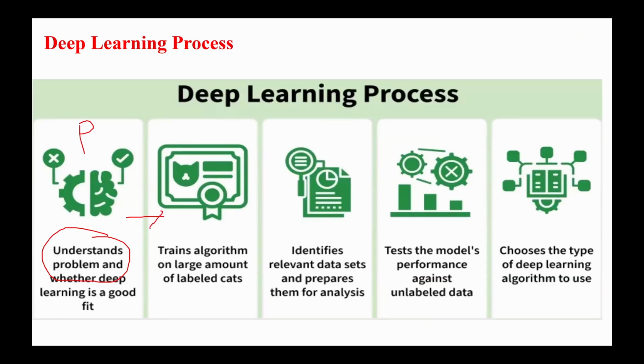Once you train the algorithm, you can find the different types of labels. Then identify a relevant data set and prepare it for analysis. The features will be automatically identified by the machine learning. Then the machine learning will test the different types of models in terms of performance against unlabeled data.